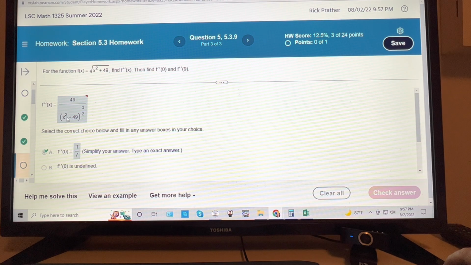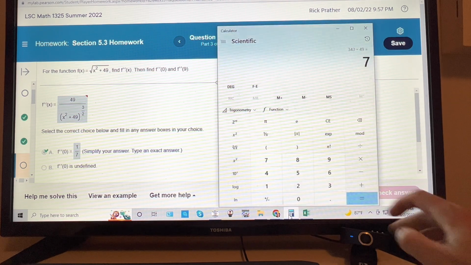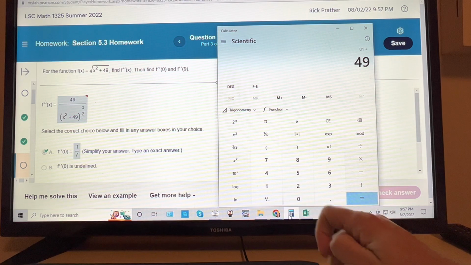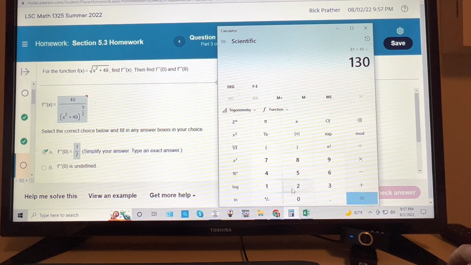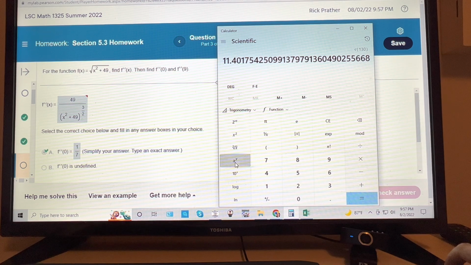So 9 squared is 81. 81 plus 49 is 130. The square root of that doesn't come out evenly, but we'll do a decimal then. Raise it to the 3rd power, another decimal. And then finally it's 49 divided by this.